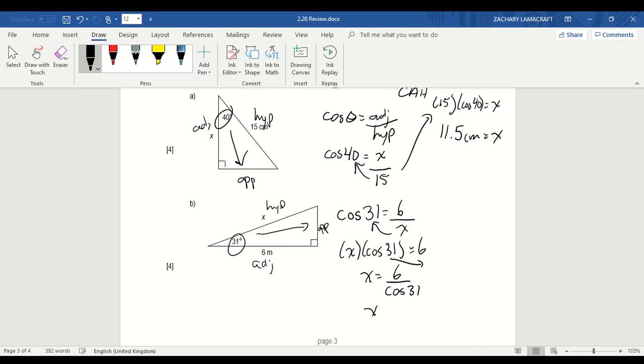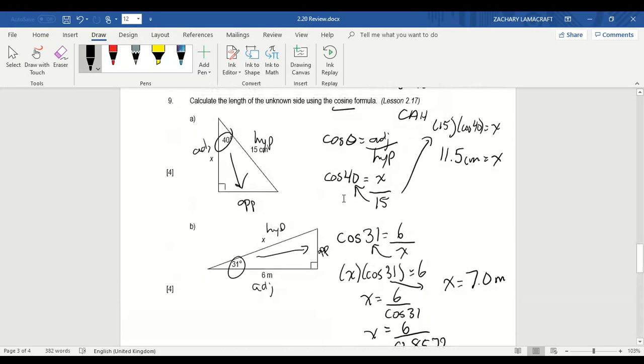For me, it's 31 cos. That would then be x equals 6 divided by 0.8572. And then if we just did that simple division, we would then come up with the answer of 6.99, and we would round that to the nearest tenth, being 7.0 meters.